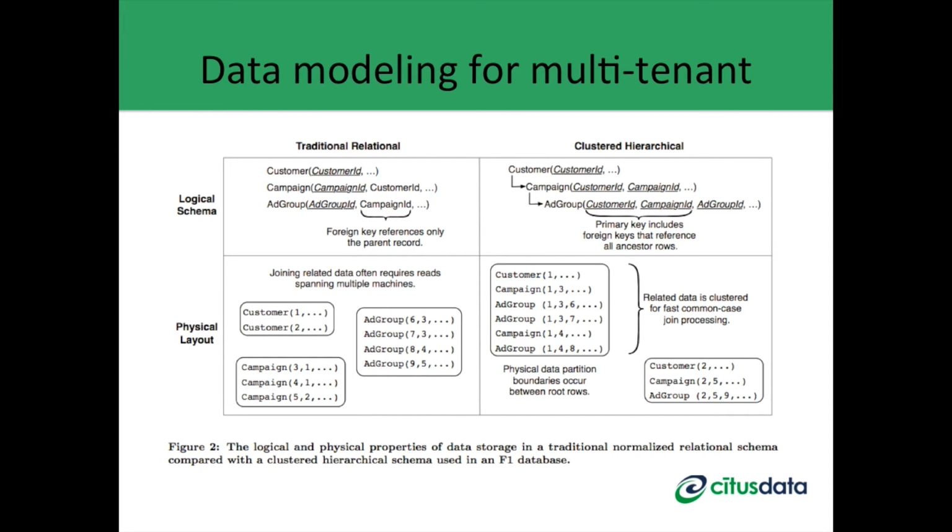The F1 paper also highlights how best to model data to support many tenants, customers in a distributed database. The data model on the left-hand side follows the relational database model and uses foreign key constraints to ensure data integrity in the database. This strict relational model introduces certain drawbacks in a distributed environment, however.